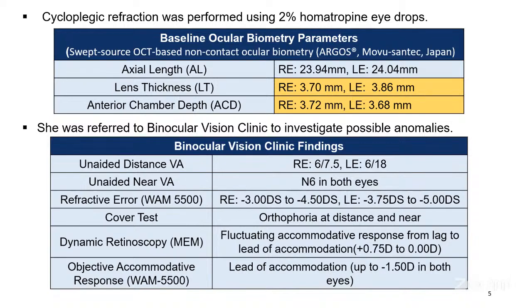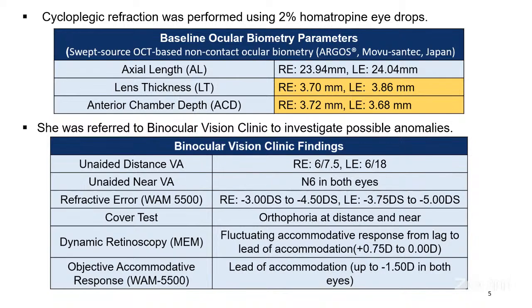Then she was referred to the binocular vision clinic to investigate possible anomalies. Unaided distance visual acuity was 6/7.5 in the right eye and 6/18 in the left eye, and unaided near visual acuity N6 in both eyes. The refractive error measured with the VAM 5500 open field autorefractor varied between -3 diopter to -4.50 diopter in the right eye and -3.75 diopter to -5 diopter in the left eye.